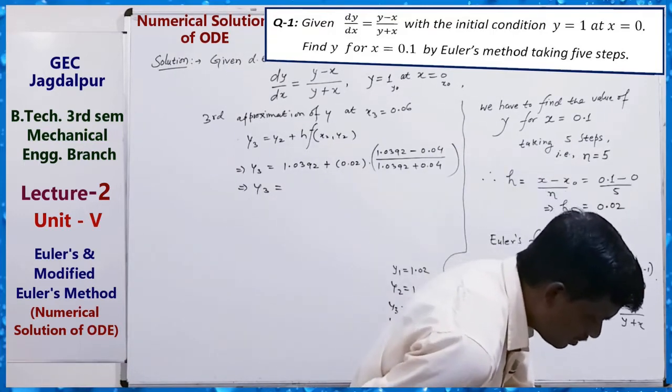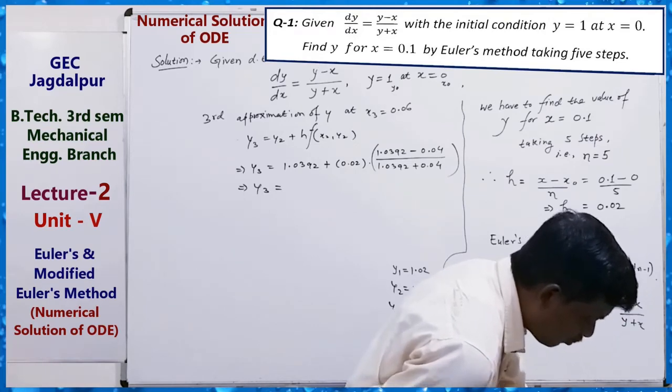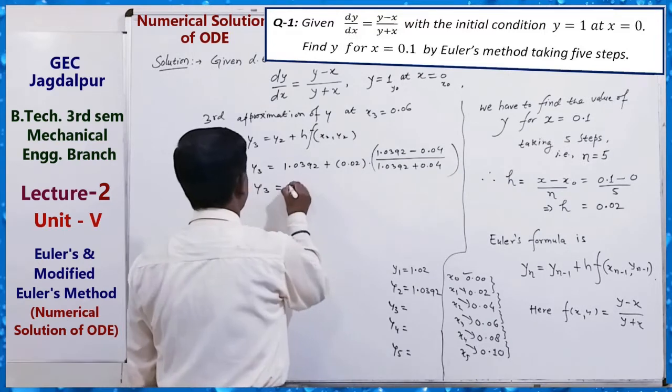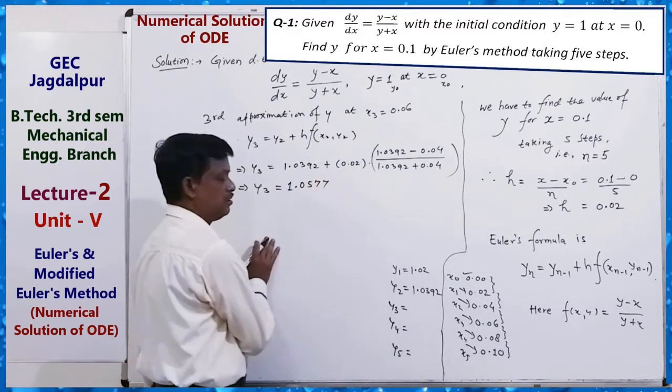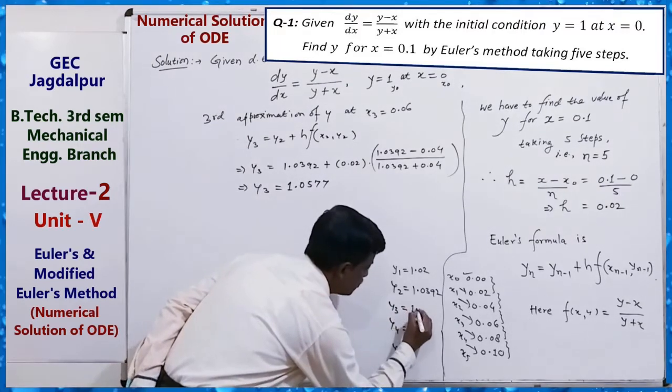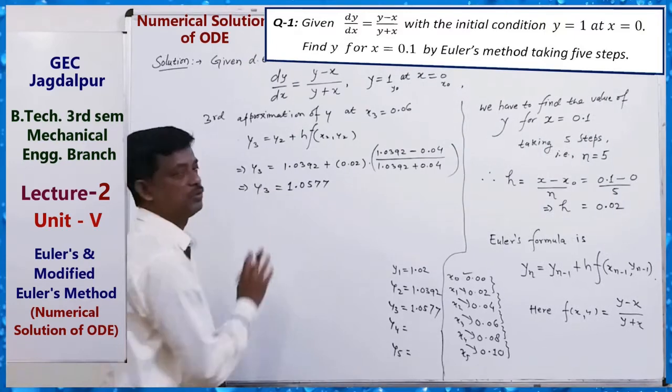Third approximation: 1.0577. This is the third approximation.